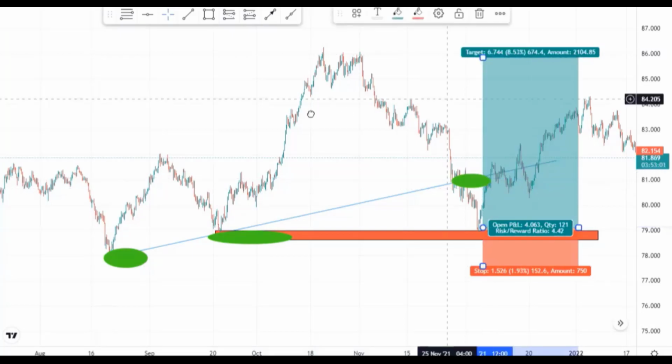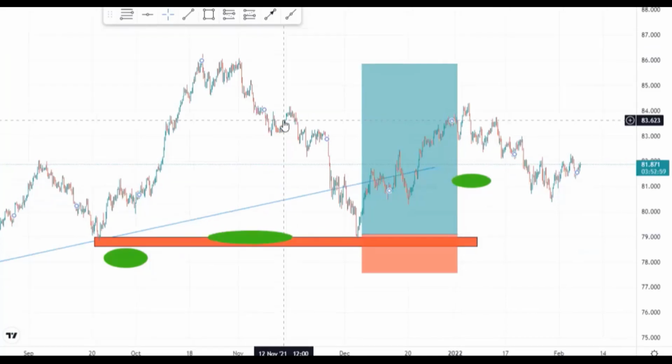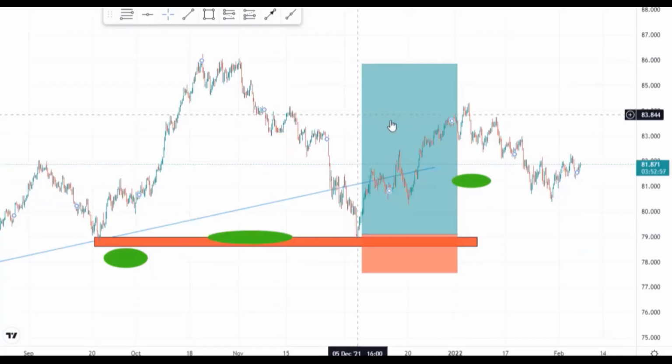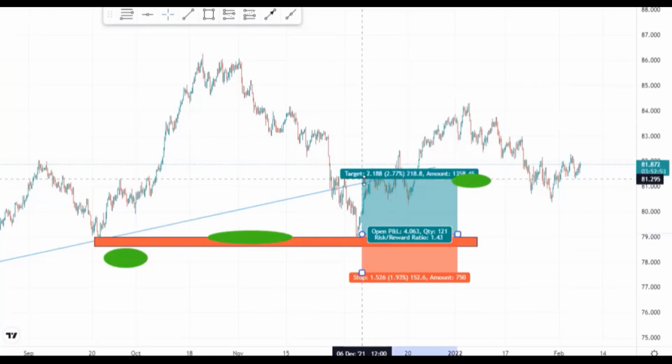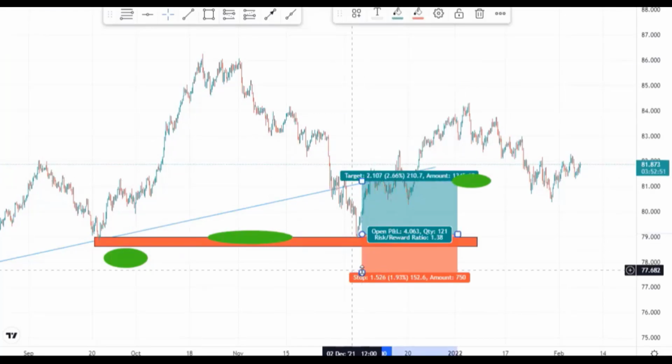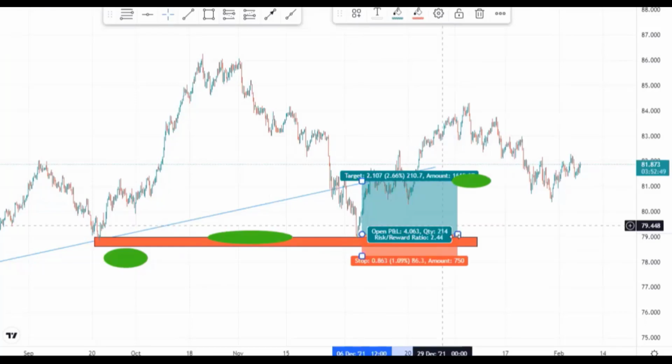However, we are not going to leave it up to this extent because we are not swing traders. So we would have found a way to place our take profit somewhere here, where our stop loss would have been here.